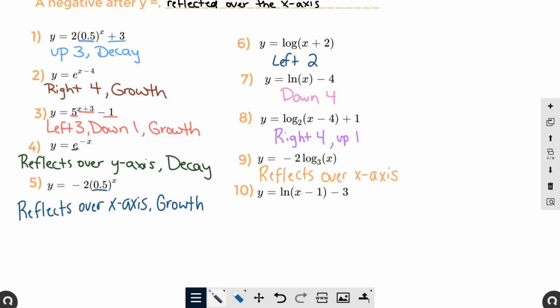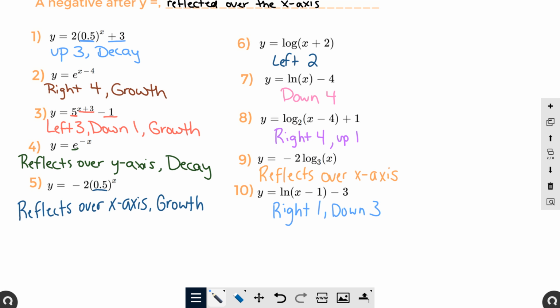And our last one. Good. Right 1, down 3. Does that make sense on how to describe the translations?